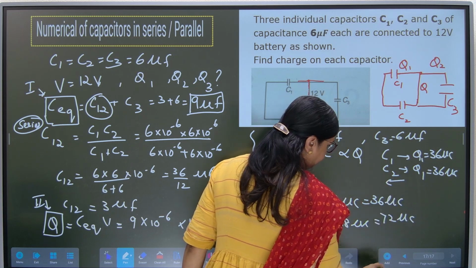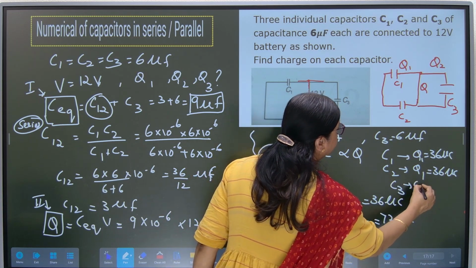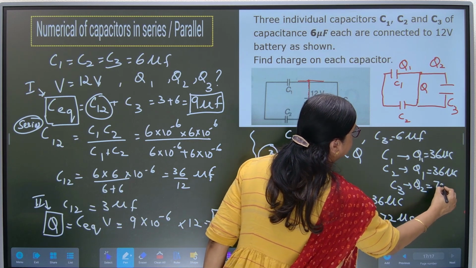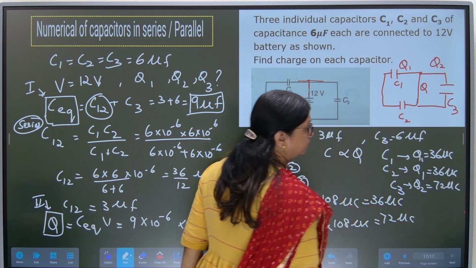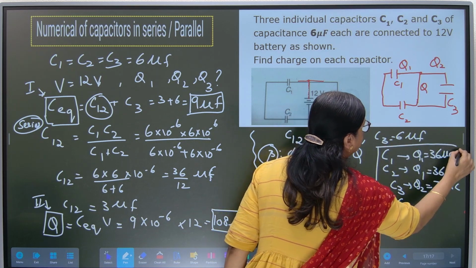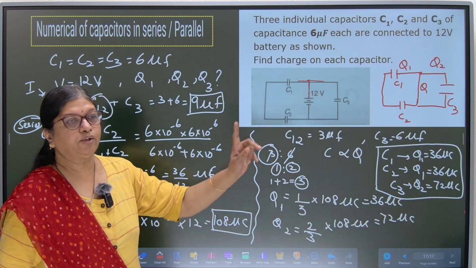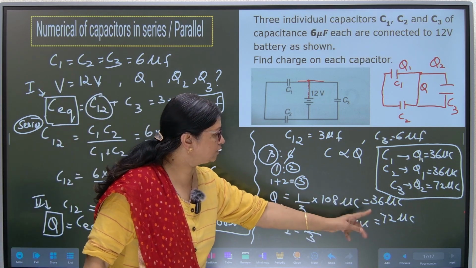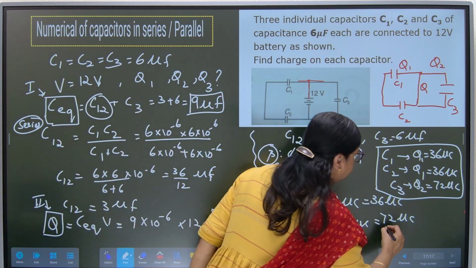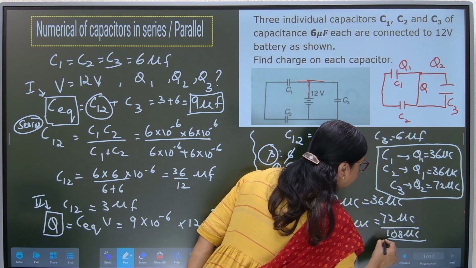Charge on C3 is Q2, which is 72 microcoulomb. And this type of question can also have a check where Q1 plus Q2 should be 108 microcoulomb.